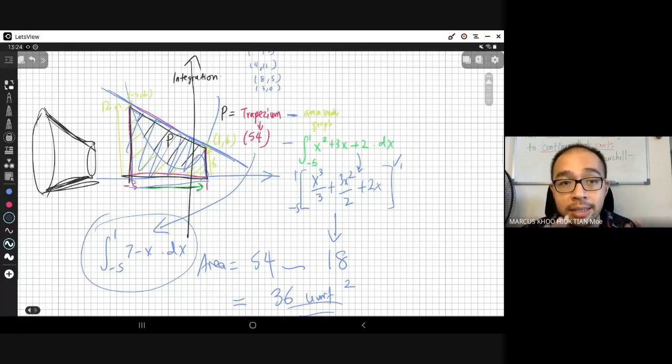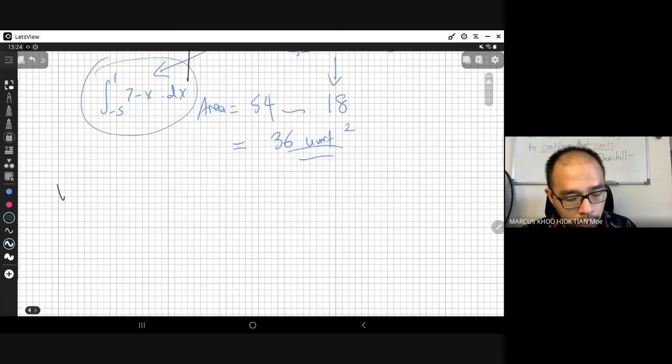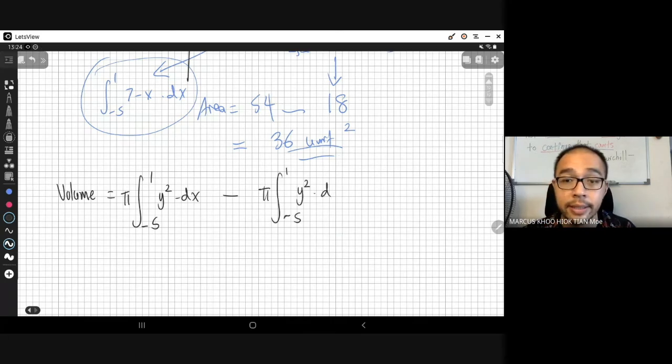So in this aspect, you will have to integrate twice. So the volume will be the integration of -5 to 1 pi of y squared towards dx, minus the integration of -5 to 1 of the other y squared towards dx.